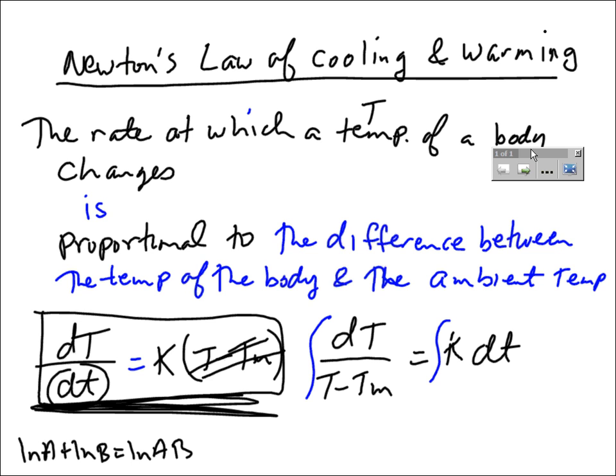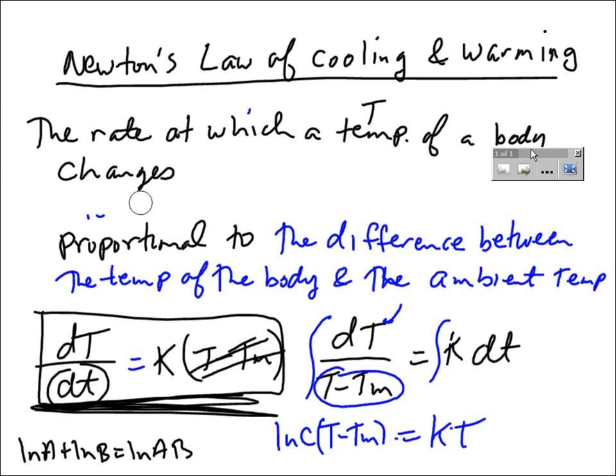When I integrate the left side, if I call that u, well then that's du on top. That is, I get ln of T minus Tm, plus a constant. I can just put that C there. And this equals the integral of the right side, which is kt.